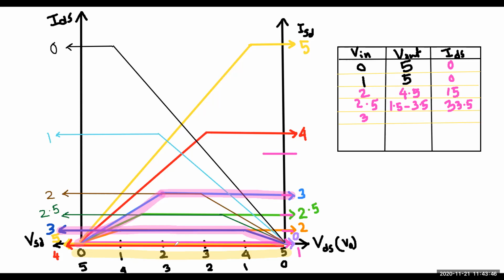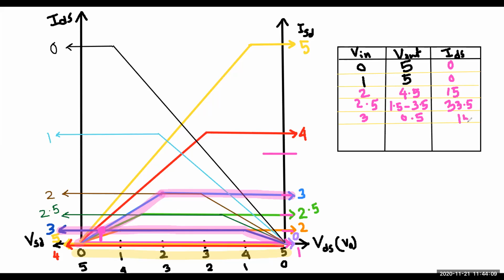Where they intersect, 0.5 maybe. Exactly, so let's call it 0.5. What is the current? The intersection point current, not the highest current. So 15. Exactly.